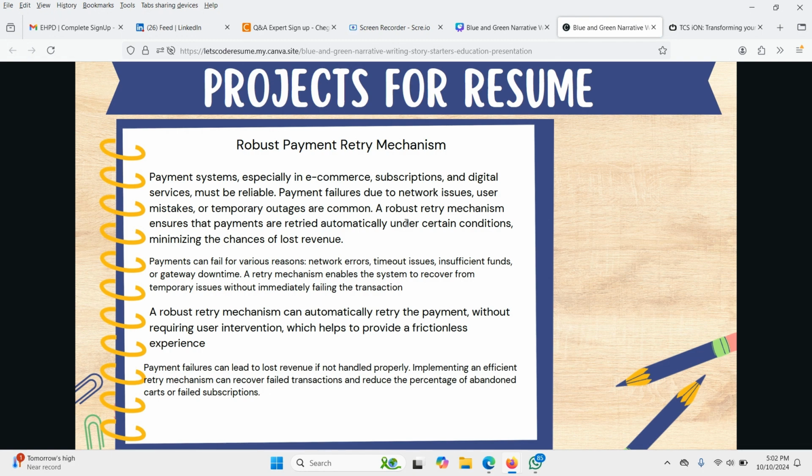And this will be a plus point in the interview, because the payment mechanism is used in many projects in the industry, and industry needs a robust payment retry mechanism that will help prevent payment issues.